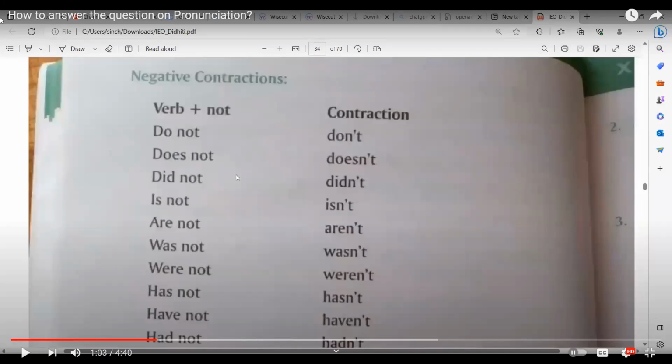Okay, can you give me an example with did not, Devanshu? Yes, ma'am.